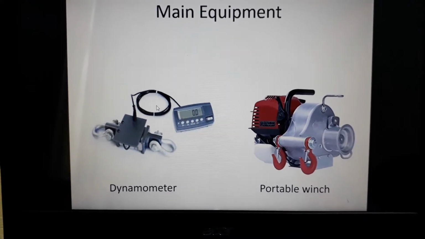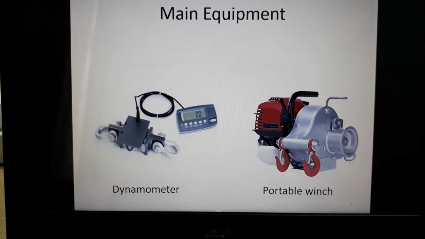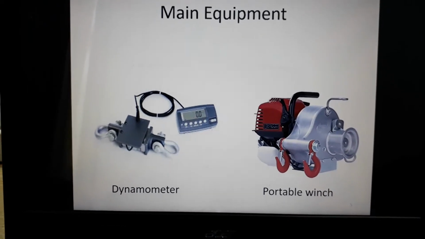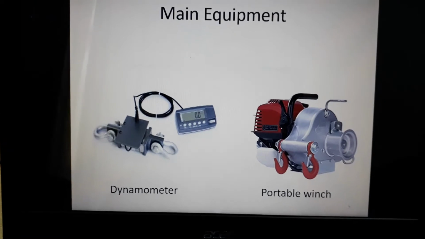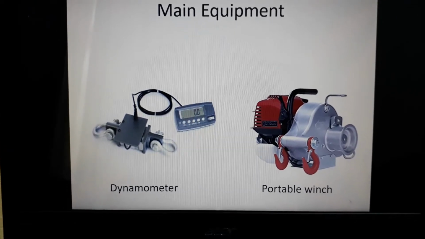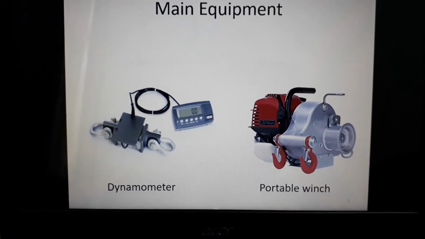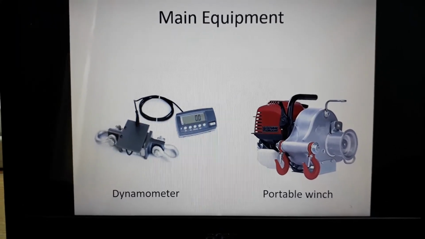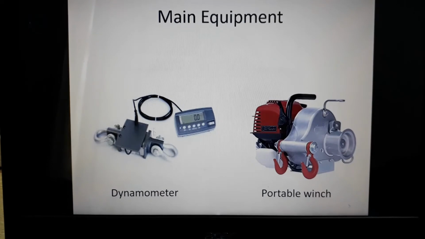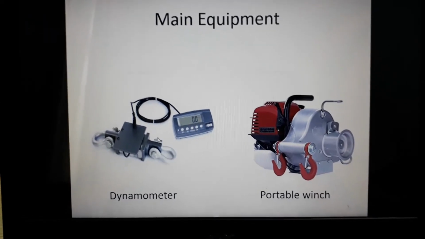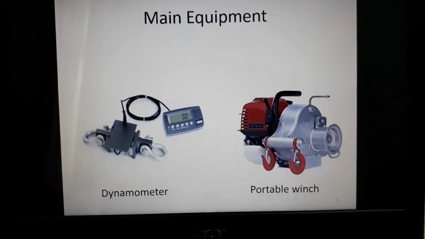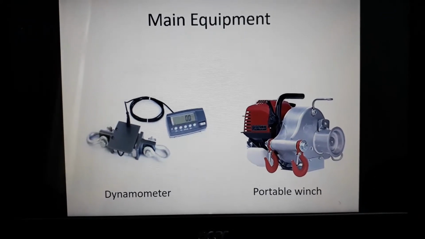This equipment will record the energy, measured in kilogram force, during the test from the beginning until the end. Also, this dynamometer can record the specific time when the tree is broken.